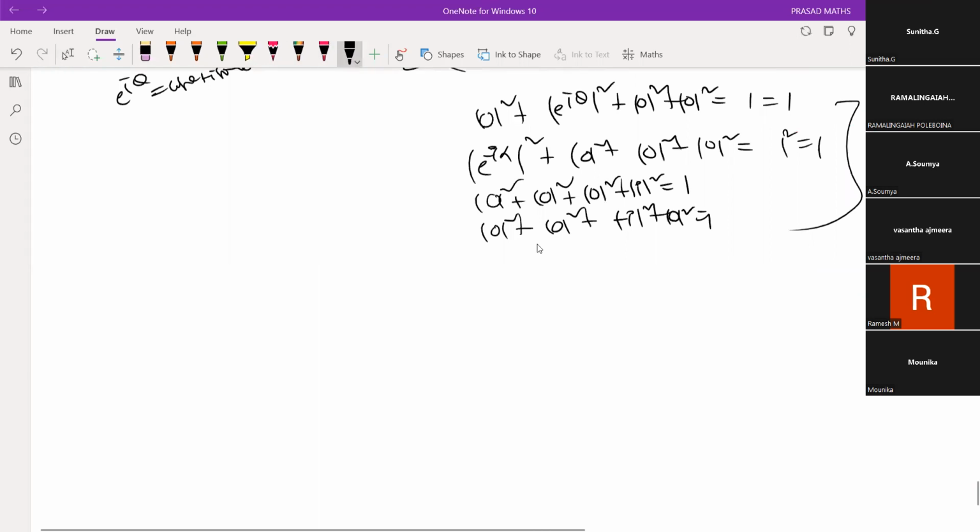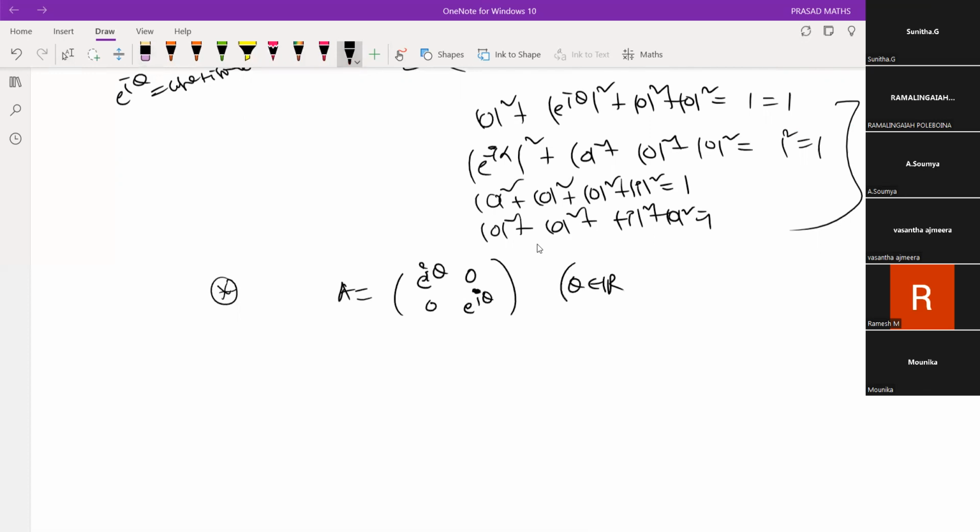Second order is also the same, right? Suppose you take this matrix. No need to take minus, you can take plus also, but theta is a real number. Is it unitary? The answer is: 1 squared equals 1, and 0 squared plus the modulus of e to the power i theta squared equals 1.